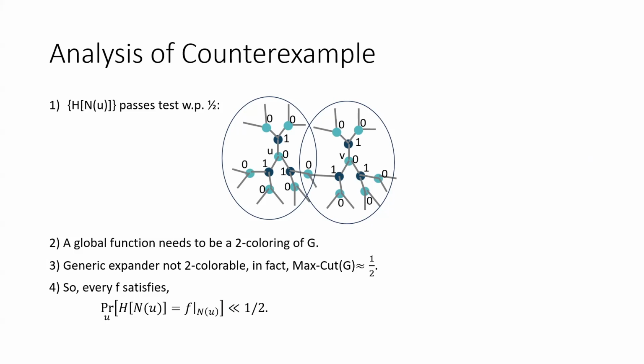Okay, so any questions about this? Yeah, so you define the test as taking U and V, and let's say your neighborhood radius is 10, then you'll pick U and V with distance 5 or something.